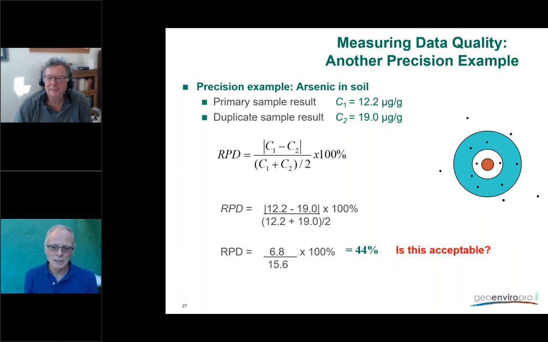So then you'll have 3 replicates and the original sample, so actually 4. And now you are better able to answer the question: is this just part of the in-jar variability, the scatter that you see in this bullseye?